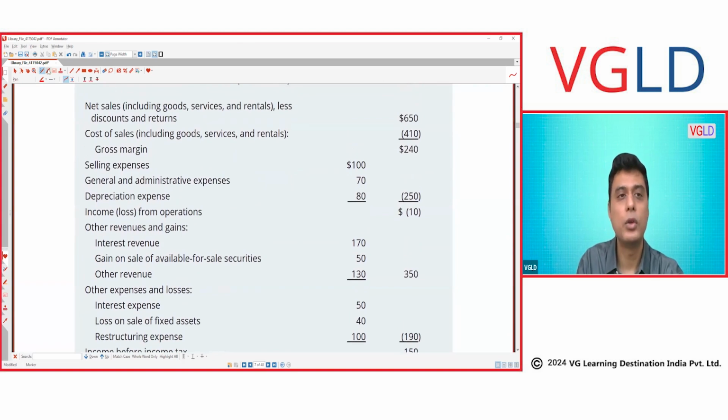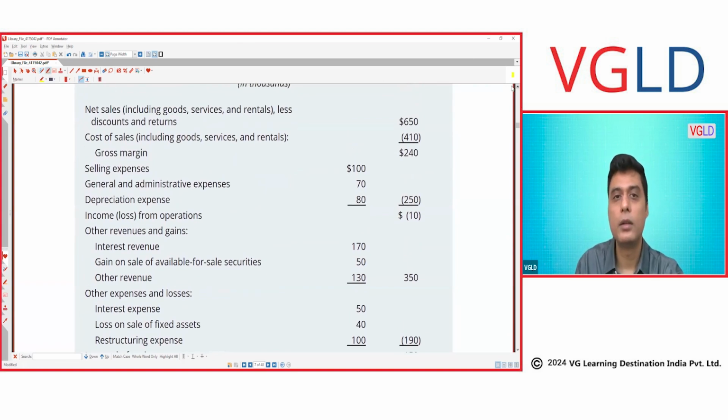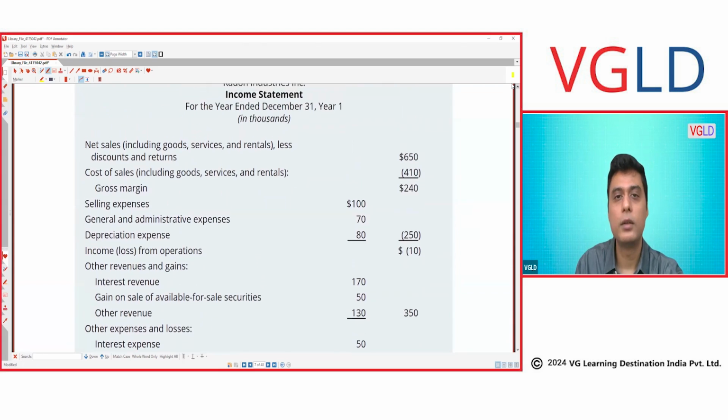For the income statement, we write for the year ended, and this is in thousands. So we show net sales.